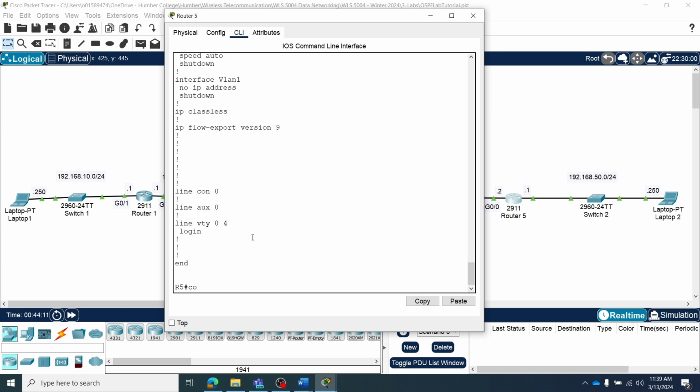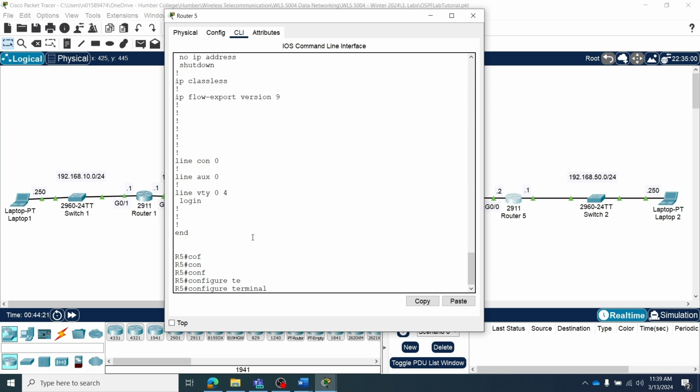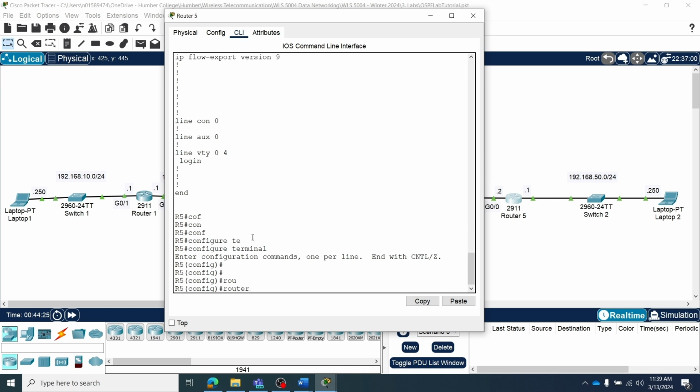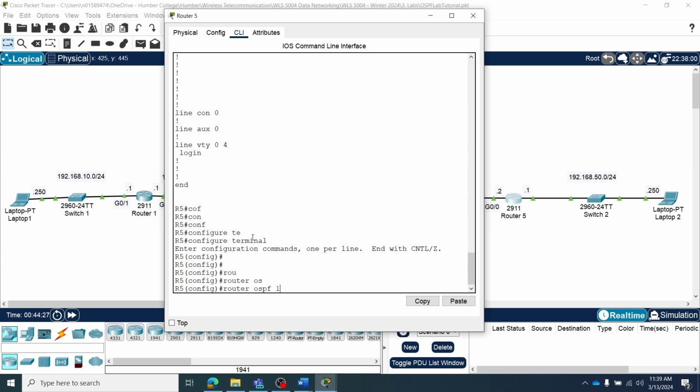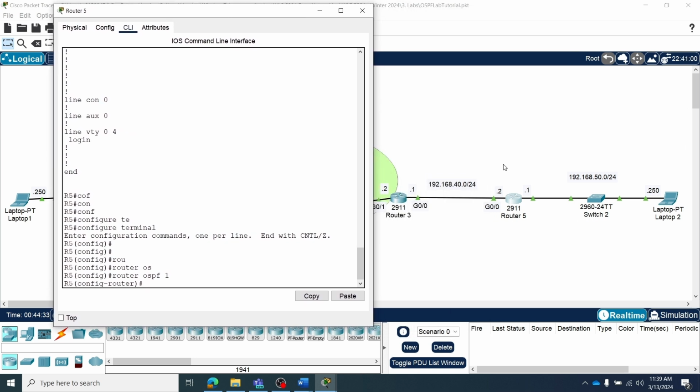So now configure terminal, then router OSPF process number 1. So this router has two networks, one is 40, one is 50.